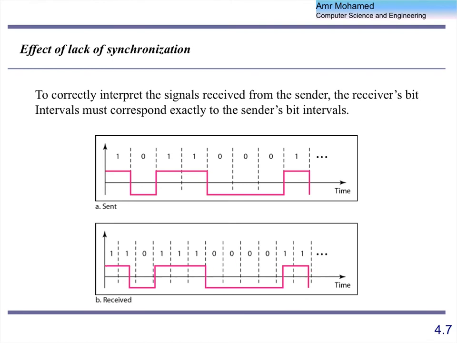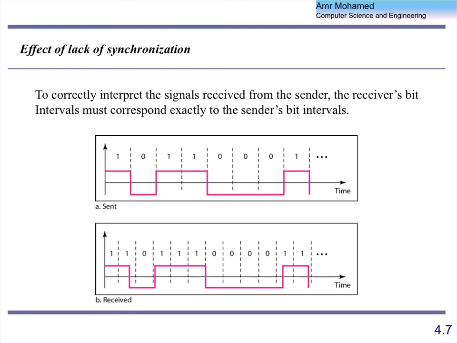If the receiver is not in sync with the transmitter, this is what we will get. So here, the clock frequency is slightly more, which means that I will recognize 1 bit boundary as 2 bits, right? Because the clocks are not aligned with each other. And this is very common in practice.